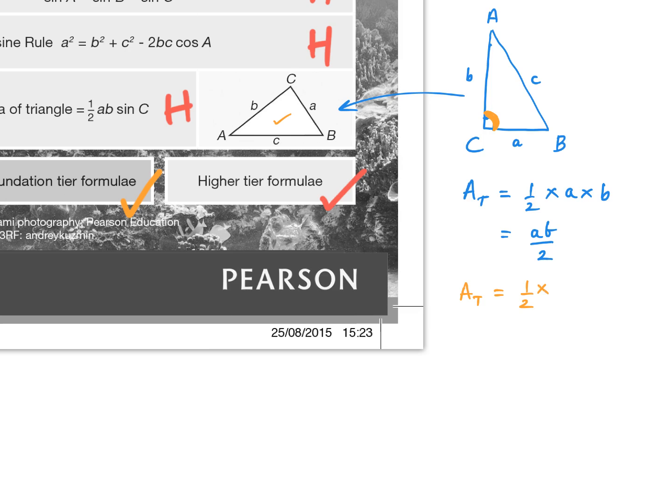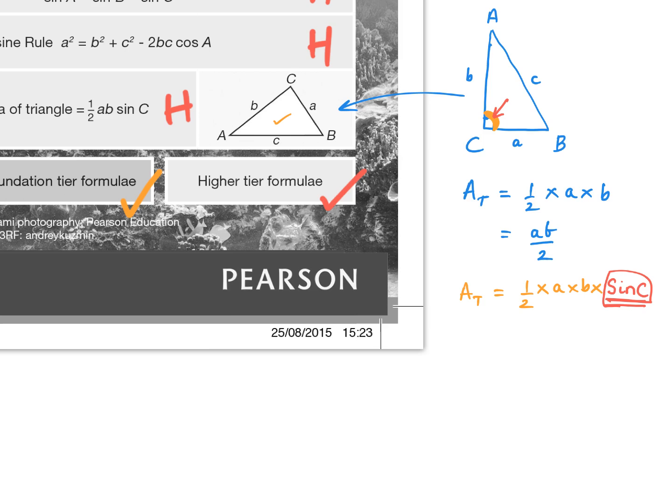So we'd have a half times A times B, but all we're doing is multiplying by this correcting factor, which is called the sine of C in this case. Now, for those higher students who know trigonometry reasonably well, you should know that the sine of an angle lies between 1 and minus 1. So this isn't a very big number at all. But as this angle here changes, so does sine of C, and that has an effect on the overall area.